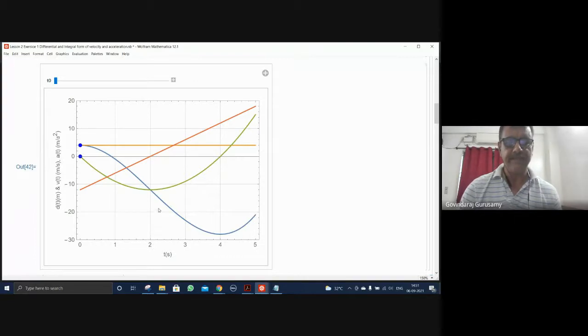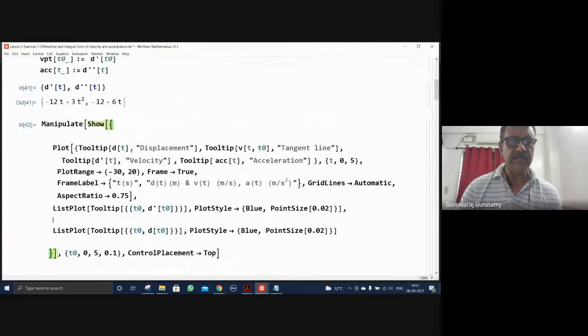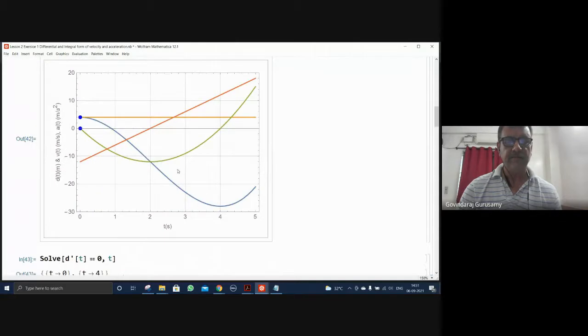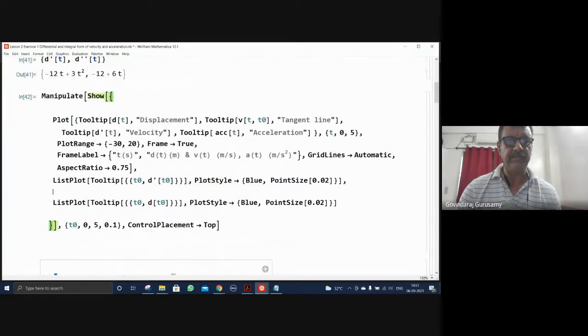Now by adding a tooltip, d of t displacement within the square bracket, if I place the cursor on these curves, you can see this is the velocity, this is the displacement. This straight line is the acceleration, and this is the slope line at this point, the tangent line.